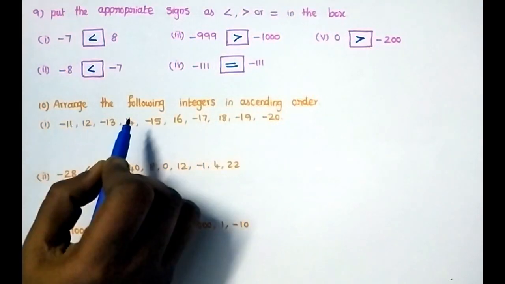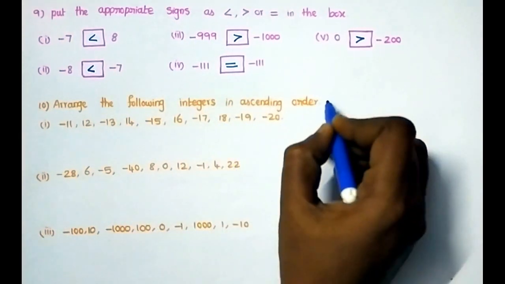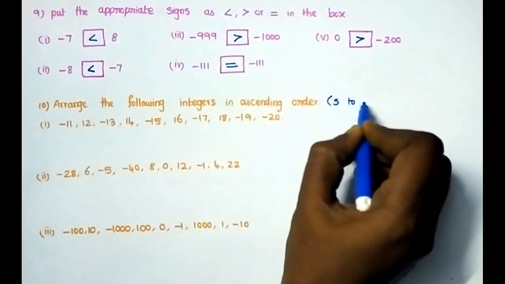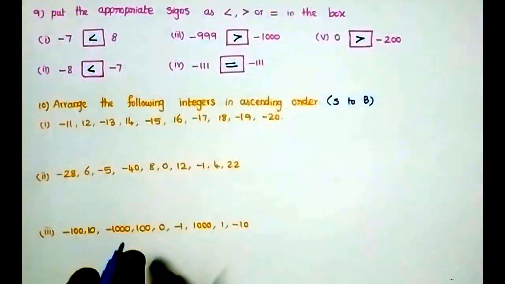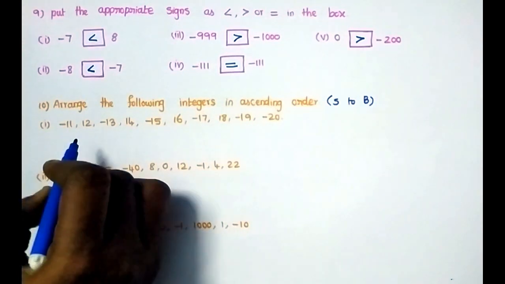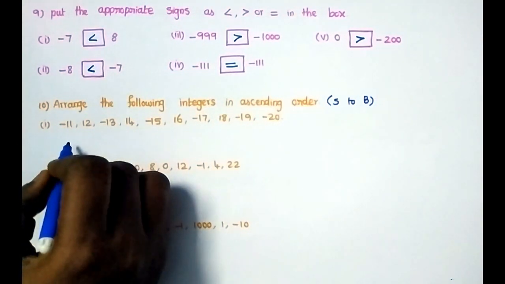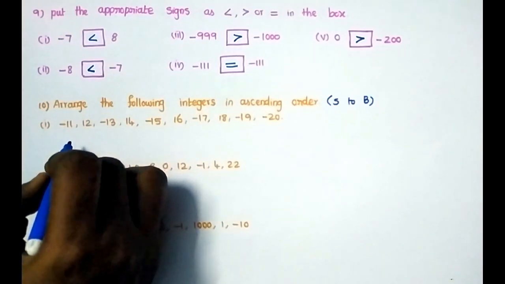10th sum, arrange the following integers in ascending order. Ascending order means small to big. So listen, first write the positive integers and negative integers separately.